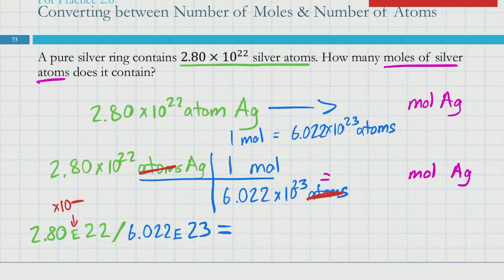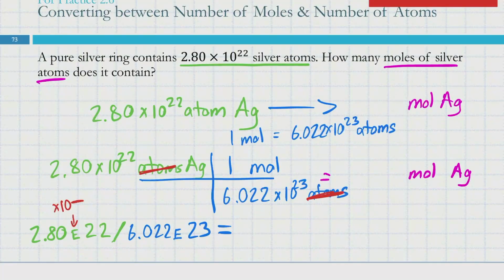The nice thing about this is that the small capital E connects the 2.80 and the 22, so we don't need parentheses, either on the top or on the bottom. So 2.8 little e 22 divided by 6.022 little e 23, and little capital E, because there's also a little lowercase e.